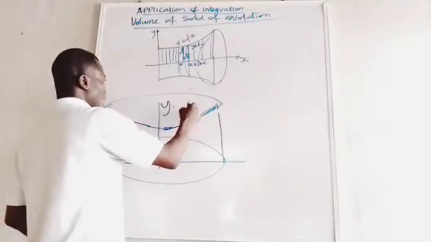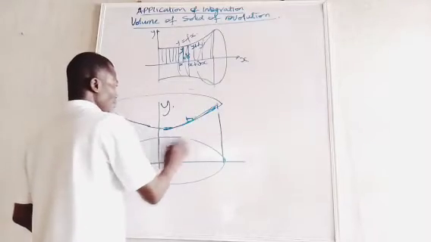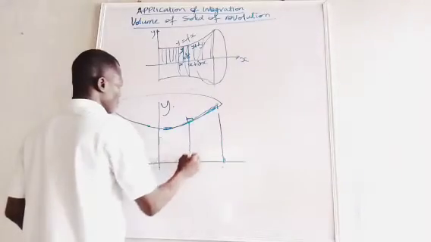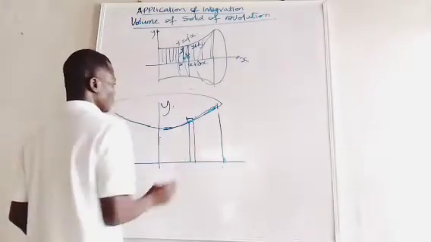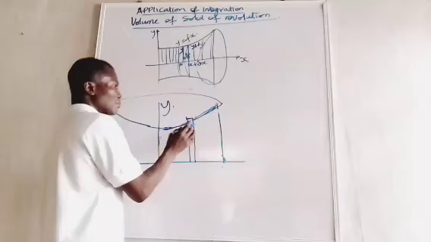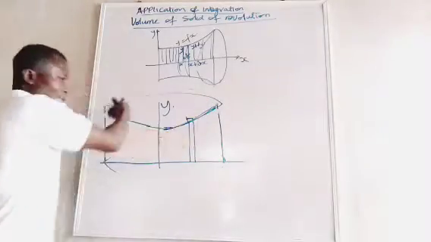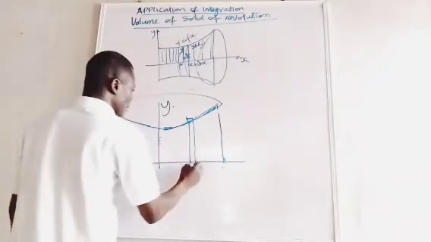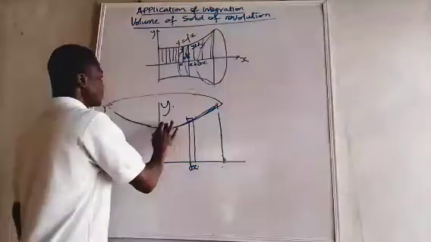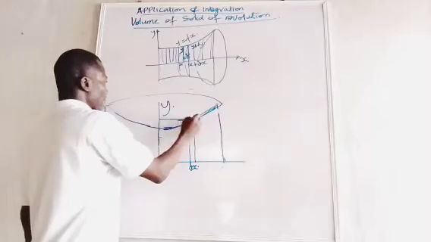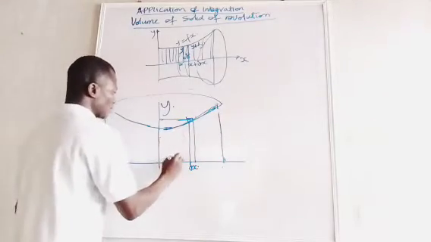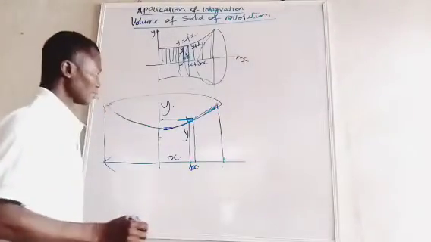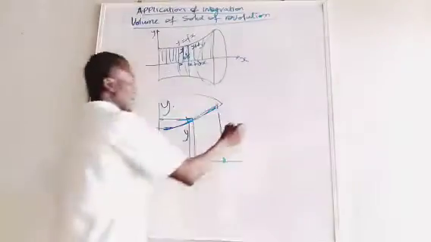We take this element, and this element now, you know, it is now circular. So we take this part as delta x. And from here, this base is x, you can see, and this base is y.